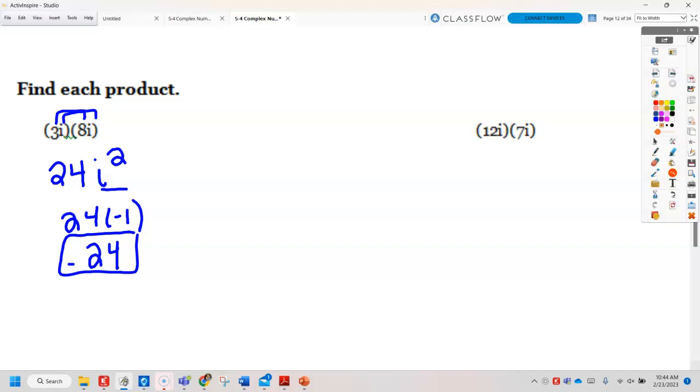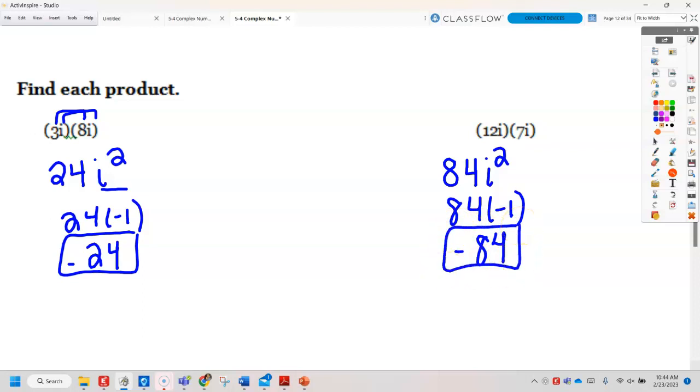The 24i squared is really -24. 12 times 7 is 84. i times i is i squared. i squared is negative 1. So 12i times 7i is negative 84.